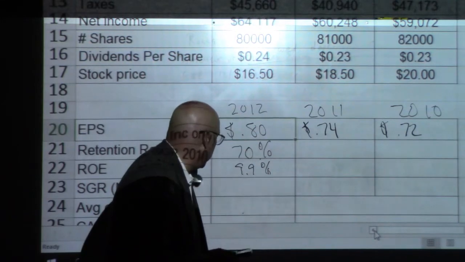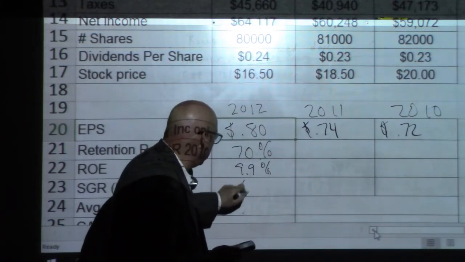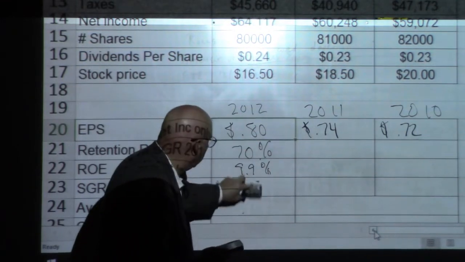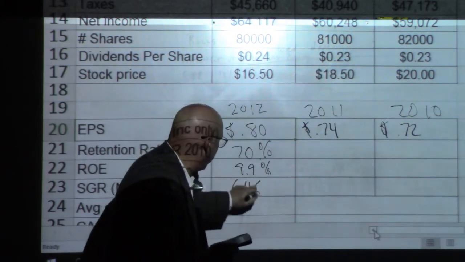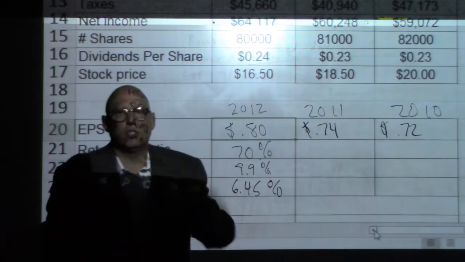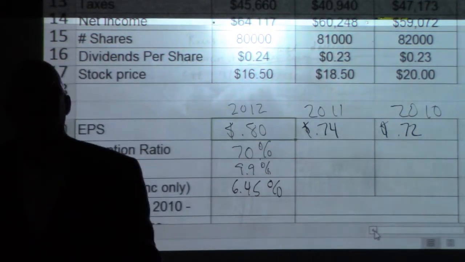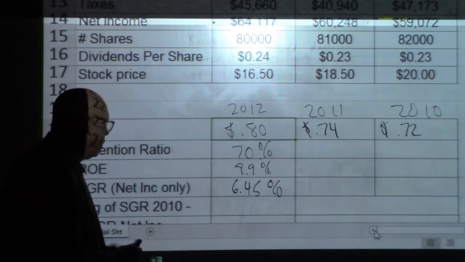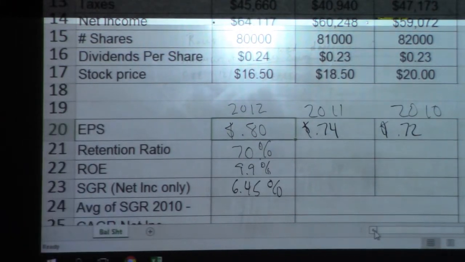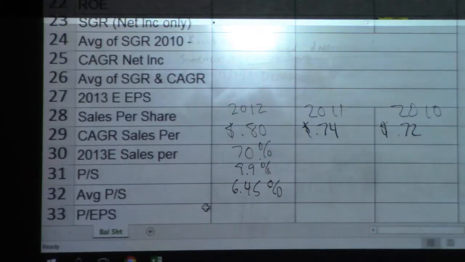So let's erase that, and we get 6.45%. What is that? It's a growth rate. A growth rate of what? Net income. All right. We're going to skip the average of SGR, and we'll just use 6.45%.